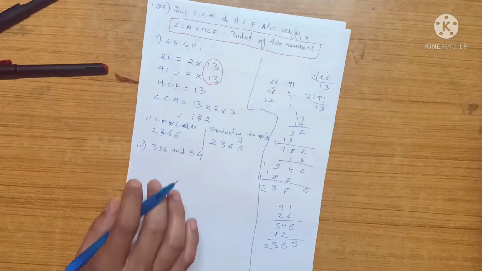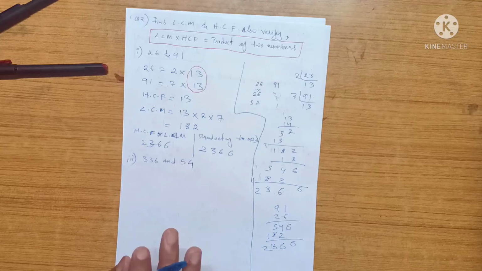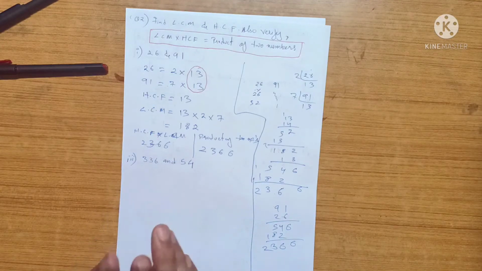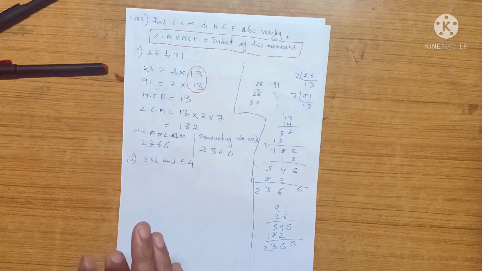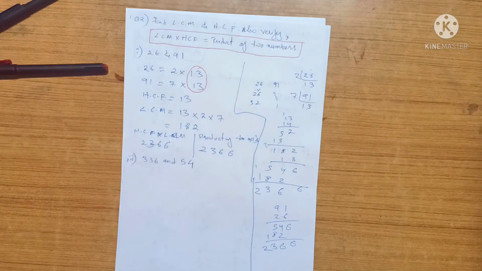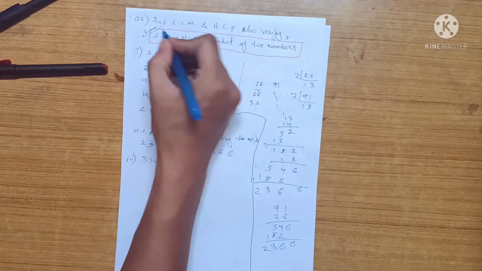The question says verify also, but verification isn't needed because this time it's just going to be multiple choice. If it's just multiple choice, verifying the things is quite useless, right? We're not going to show it, but the main important thing is the formula.